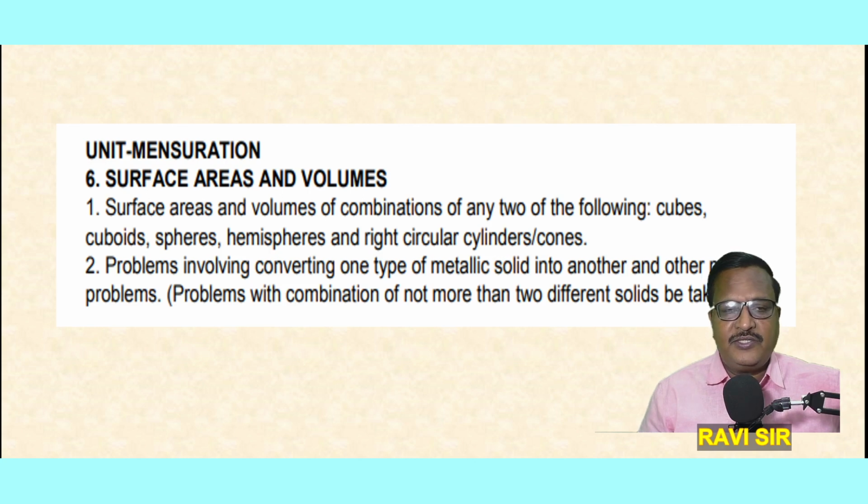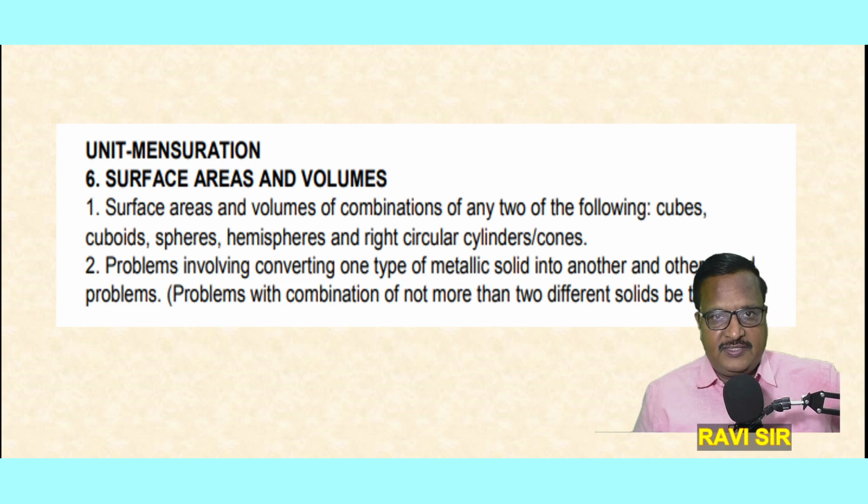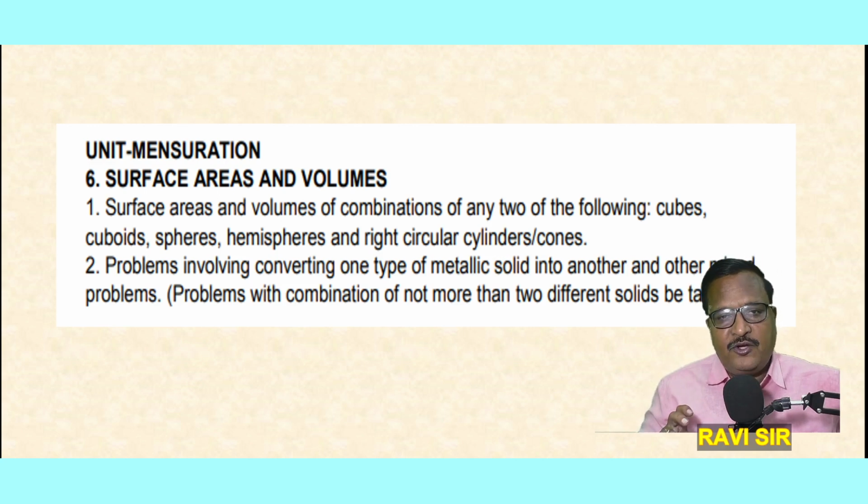Here it is a combination of solid figures, like cube, cuboid, cylinder, cone, hemisphere, a combination of two solid figures. Only a combination of two solid figures is there, more than two is not. So this is surface areas and volumes, 6 marks.